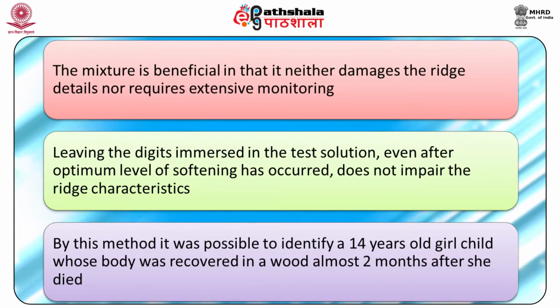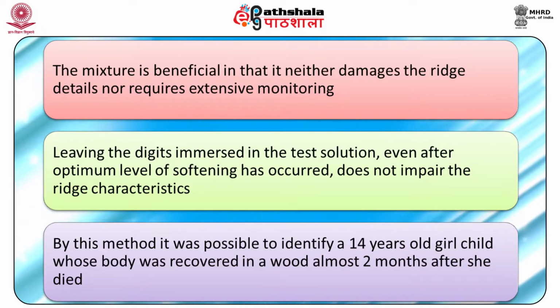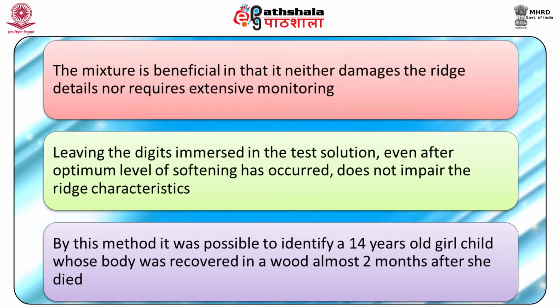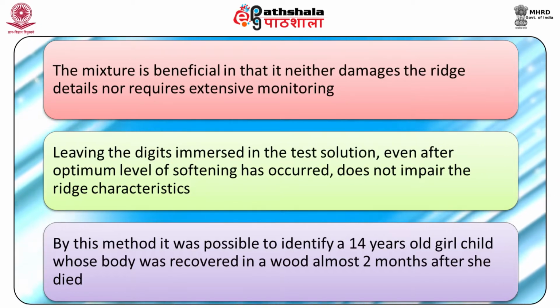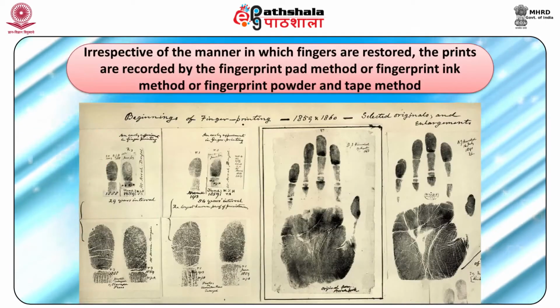Leaving the digits immersed in the test solution even after the optimum level of softening has occurred does not impair the ridge characteristics. By this method, it was possible to identify a 14-year-old girl child whose body was recovered in a wood almost 2 months after she died.